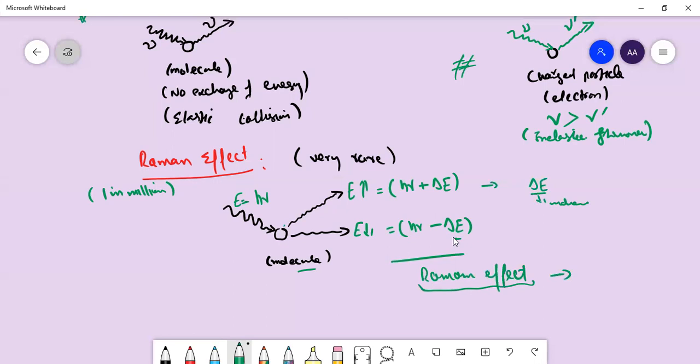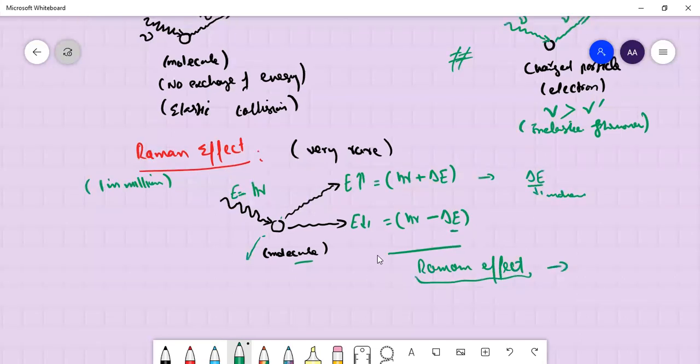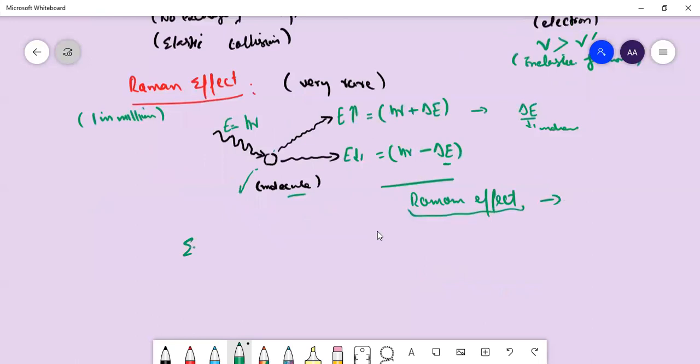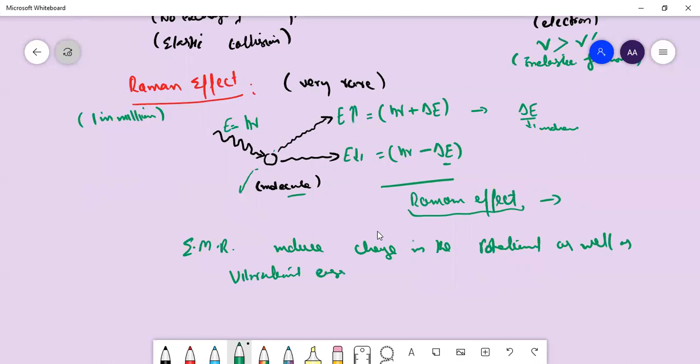So what will happen here is, when these electromagnetic radiations strike this molecule, this electromagnetic radiation will induce change in the rotational as well as vibrational energy of the molecule.